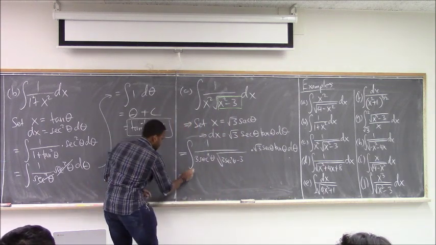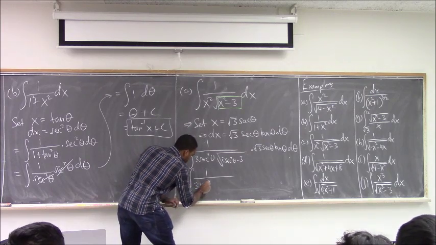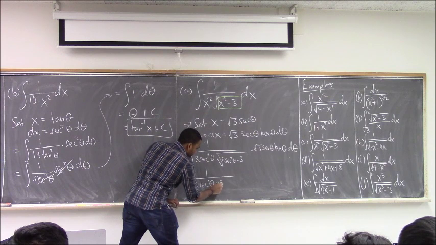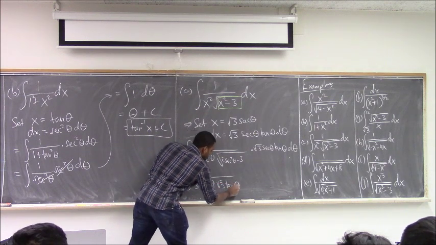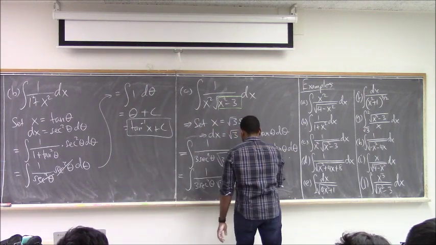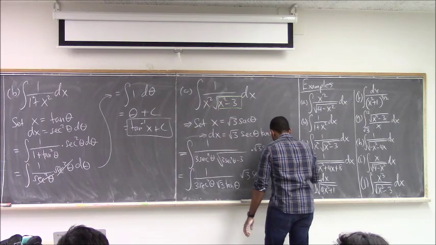Now at this point, you'll realize that this here is 3 secant squared theta. This here is going to be radical 3 tangent theta, right? Because secant squared minus 1 is tangent squared. Times radical 3 secant theta tan theta.